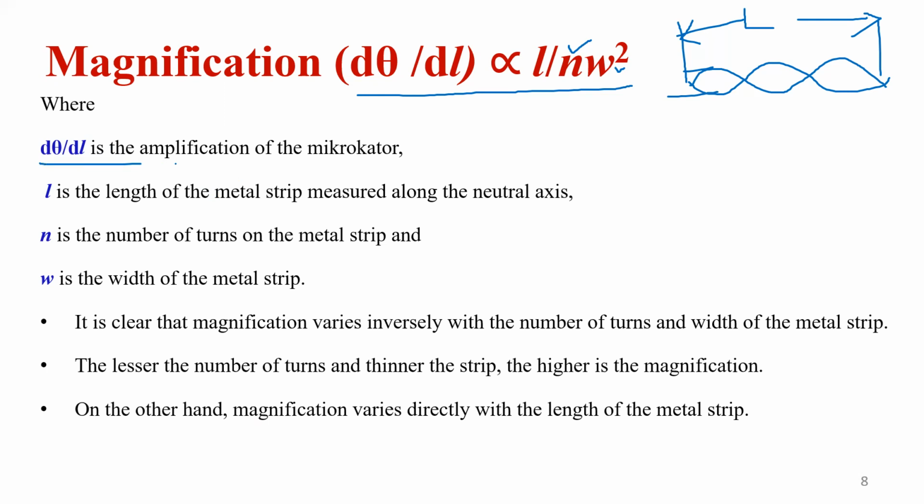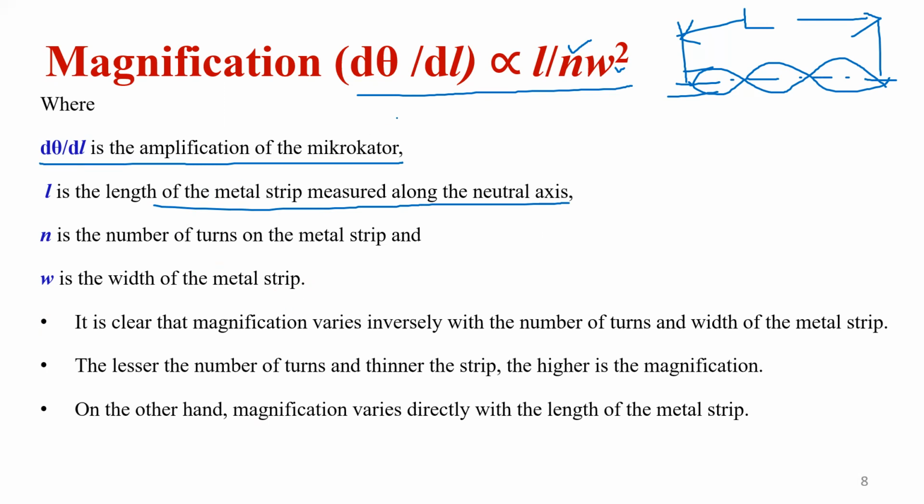So d theta by dl is the amplification of the microcator, L is the length of the metal strip measured along the neutral axis, and W is the width of the metal strip.